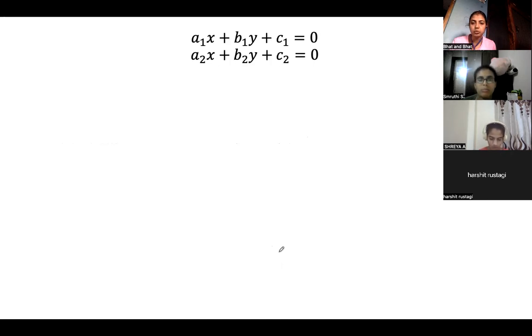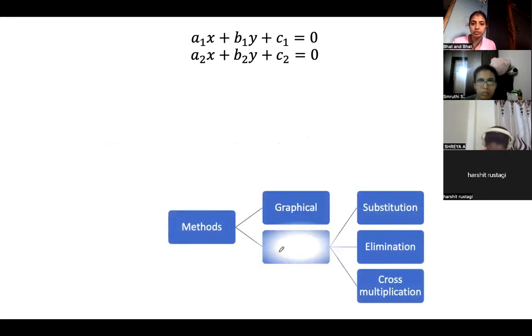These two equations can be solved using different methods. We have two main methods: one is the graphical method and the other is the algebraic method. In the algebraic method, again, we have three types: substitution method, elimination method, and cross multiplication.